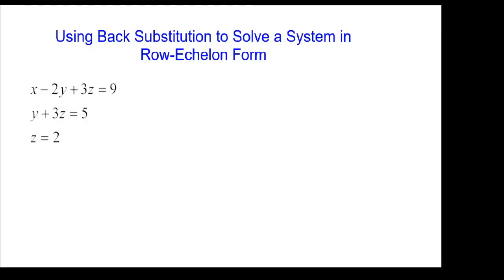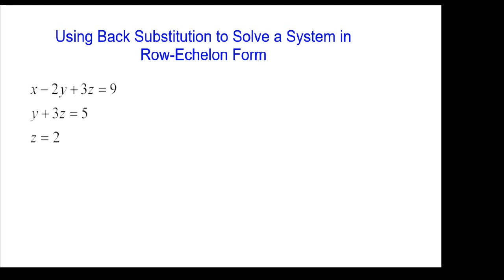Moving on to another topic, solving a system that is given in row echelon form. So first of all, row echelon form. You notice here that there are 3 variables involved. The number of variables determines the number of equations that you must have in order to solve the system.